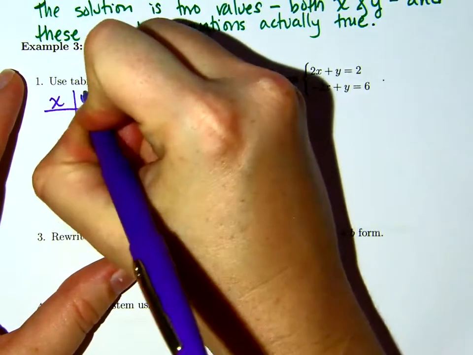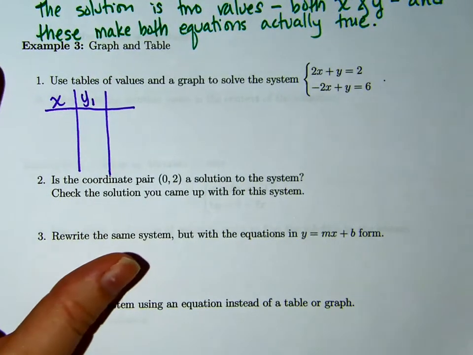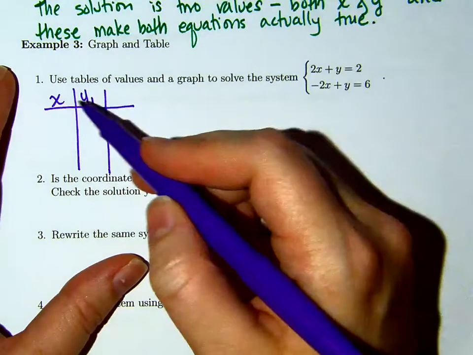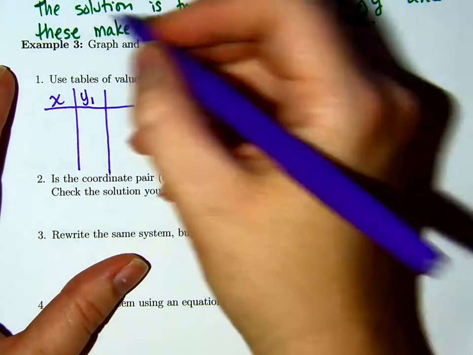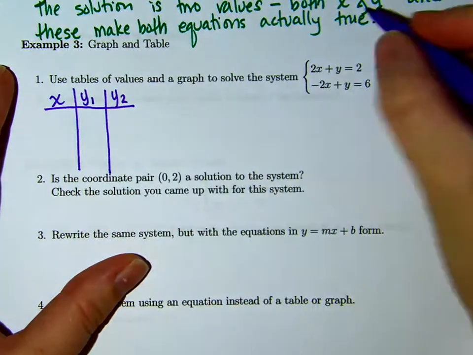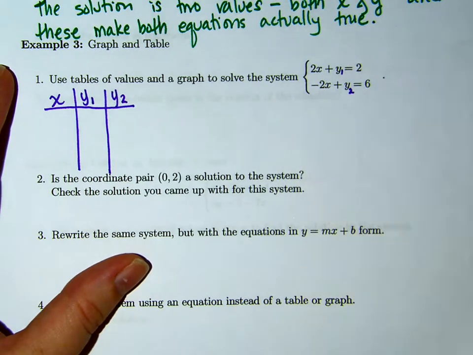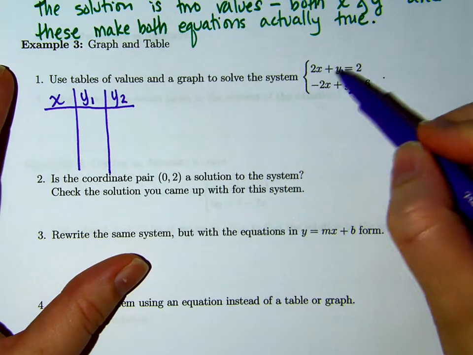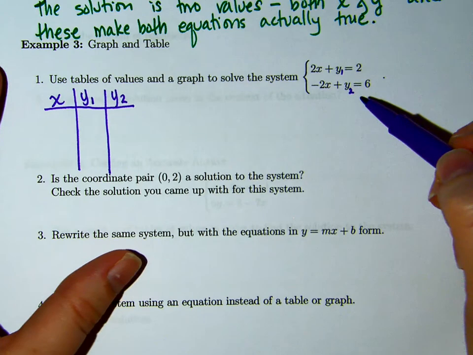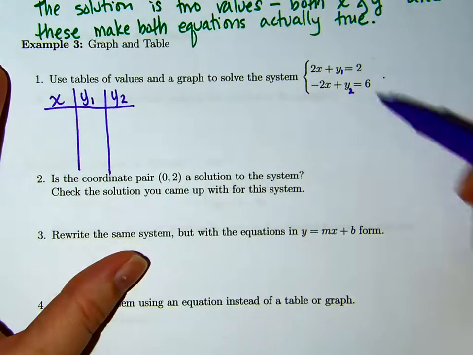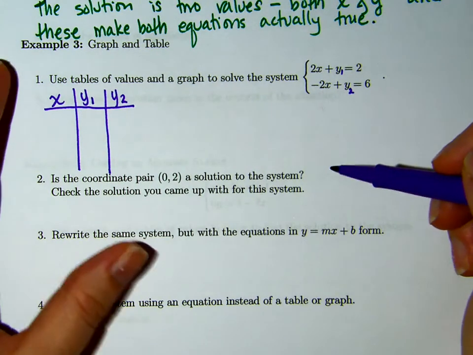I'm going to call this the y from the first equation, and I'm going to call this y2. So this is my first equation's y value, and this is my second equation's y, and I'm going to fill it out simultaneously.